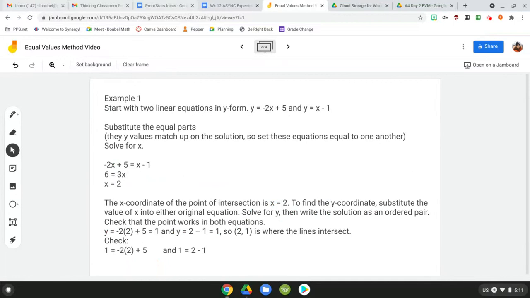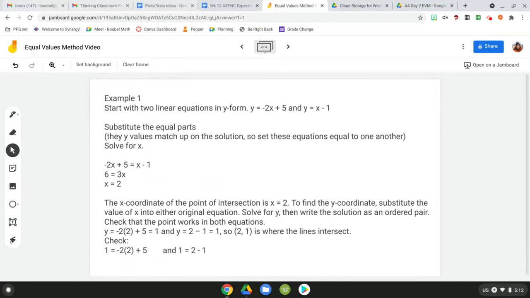For y equals negative 2x plus 5, I put in the 2 for x and solve. You can see that near the bottom. y equals negative 2 times 2 plus 5. Negative 2 times 2 is negative 4. Add 5 to that, and I get 1.